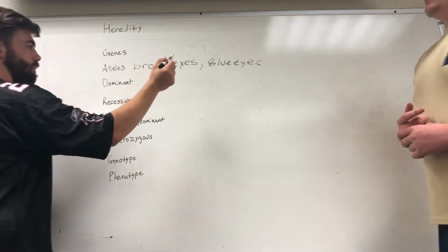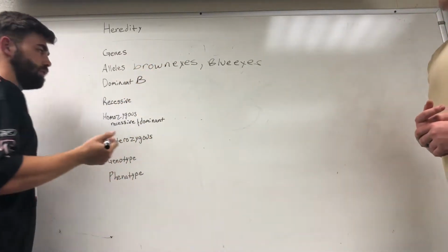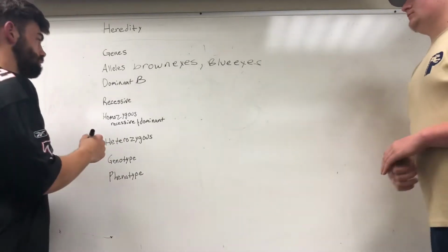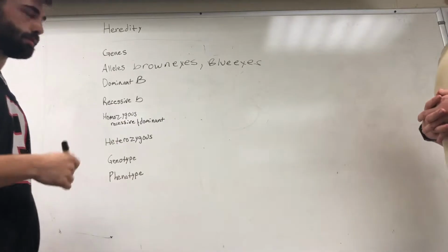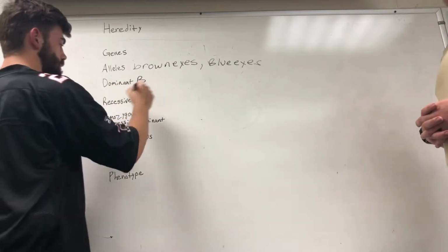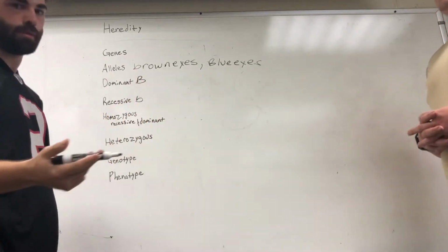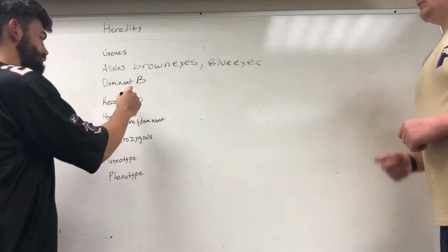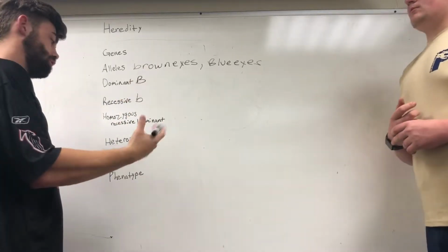Brown eyes are dominant over blue eyes, so it would be symbolized as a big B to show it's dominant, and recessive would be a little b to show it's recessive. If dominant is paired up with a recessive, then the dominant trait will show over the recessive. If the recessive shows up and there's no dominant, then the recessive will show.